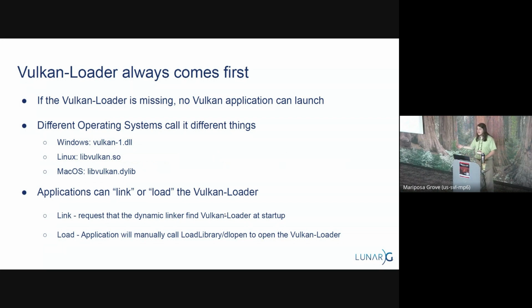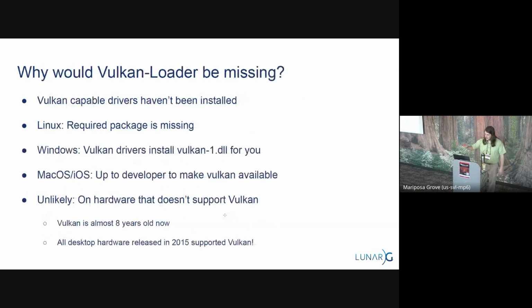And an application can either link or load the loader, linking referring to the dynamic linker opening the loader during the process startup, and loading the loader referring to the application calling LoadLibrary or dlopen or whatever platform specific system call you need to open the loader library. And that's the first step all applications do, whether the application does it explicitly with loading or implicitly with linking.